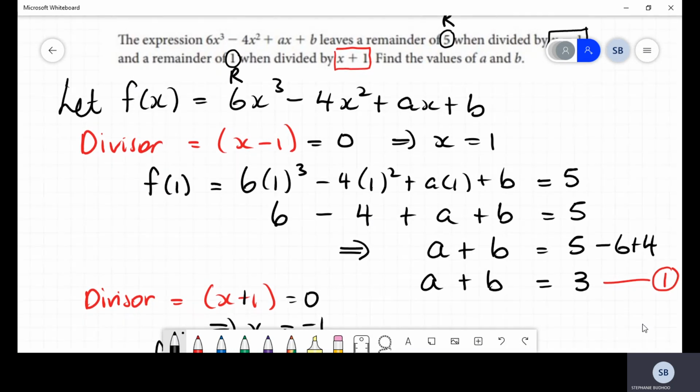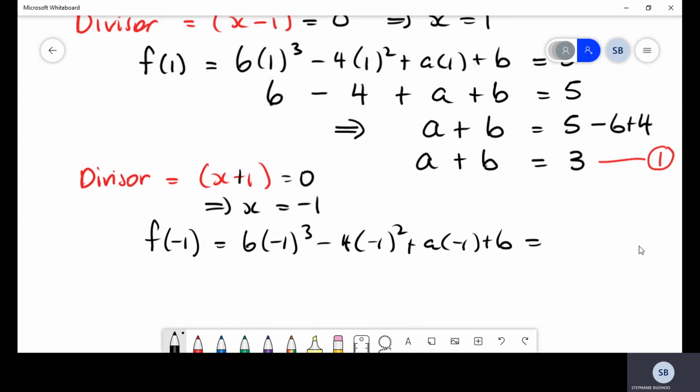So when it's being divided by x plus 1, the remainder is 1. And we write that there on the right-hand side. Now we are going to clean up our left-hand side and we should get negative 6, that's negative 4, minus a plus b is equal to positive 1, that's negative 10.